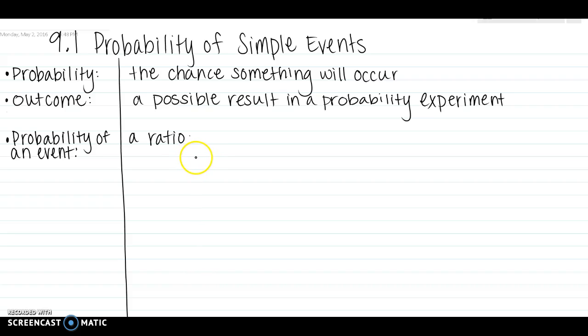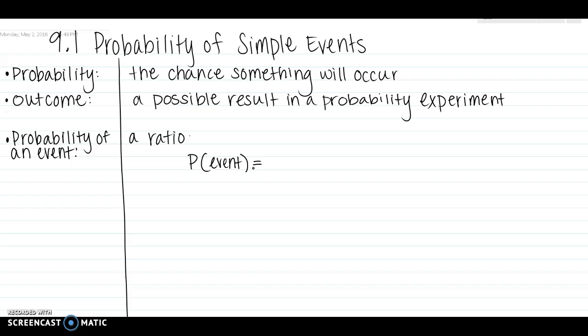And the way that we denote probability is with the letter P, and then inside we write parentheses, whatever probability we're trying to find. So in this case, I'm going to write event to be generic, but if I was talking about the probability of finding out whether it's going to rain, I might write P parentheses rain and then close the parentheses.